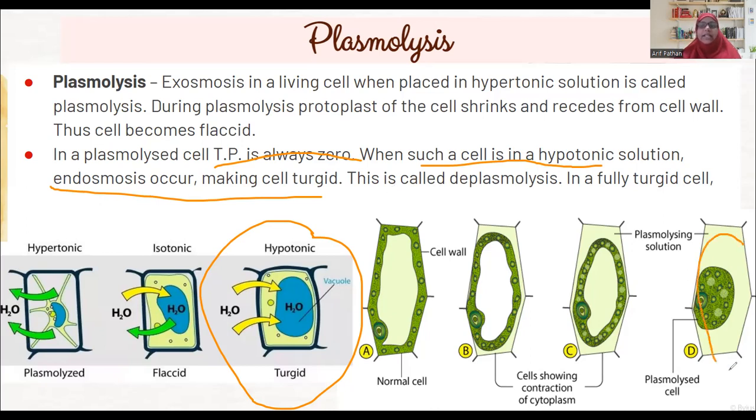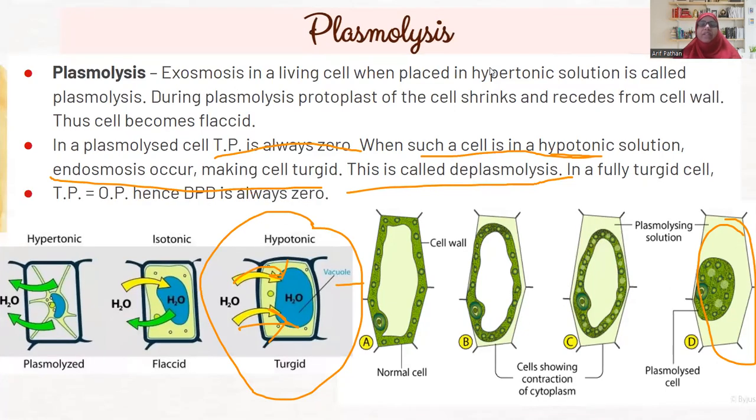You can take this plasmolysed cell and put it into a hypotonic solution where more water is there outside. So what will happen? The water will move inside and rejuvenate the cell. This is known as deplasmolysis, and it will result in a swelling of the cell.